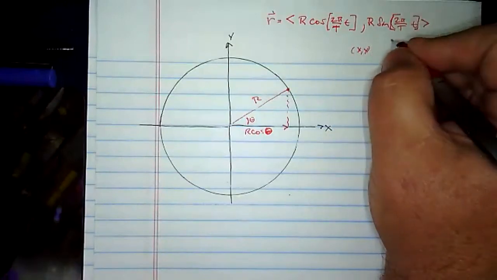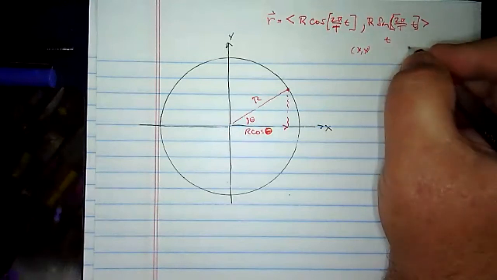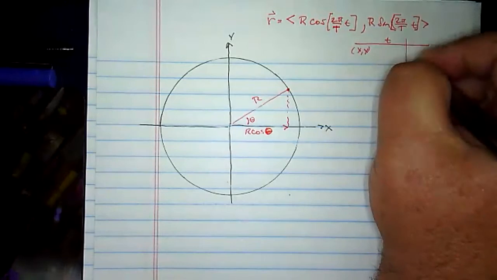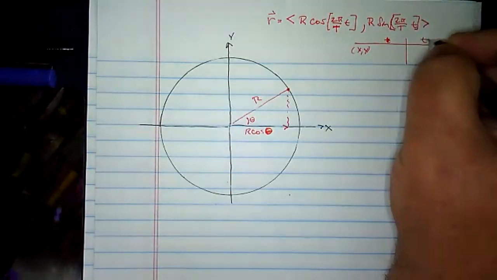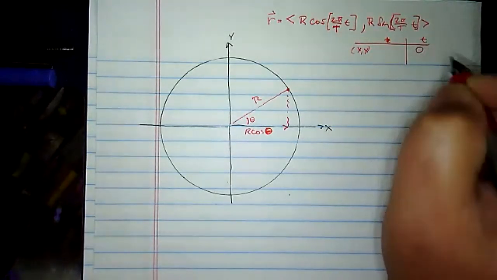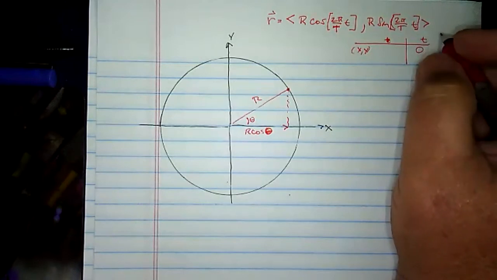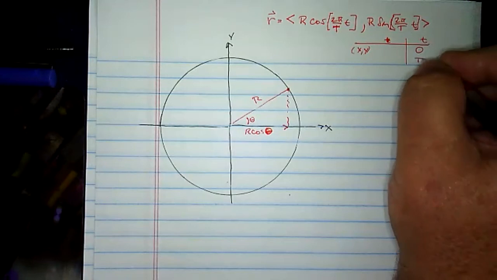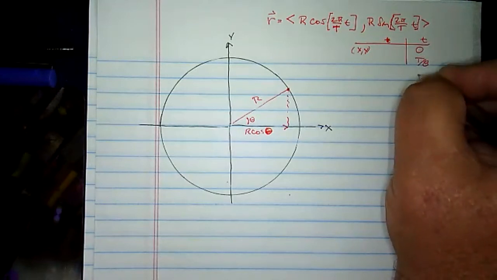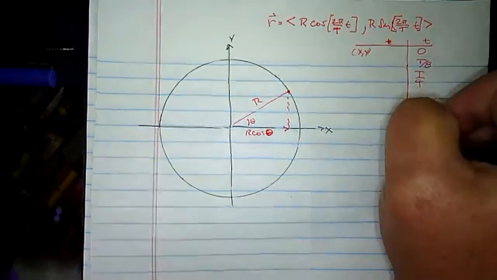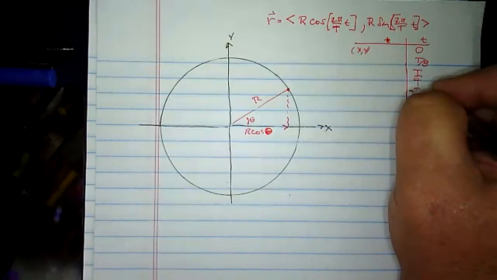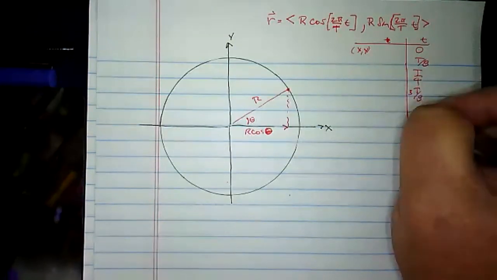for the following times. Let's say, actually, I'll give me more room. Let's say over here. Let's say t equals 0. Let's say t equals T over 8. Let's say t equals T over 4. Let's say t equals 3T over 8.